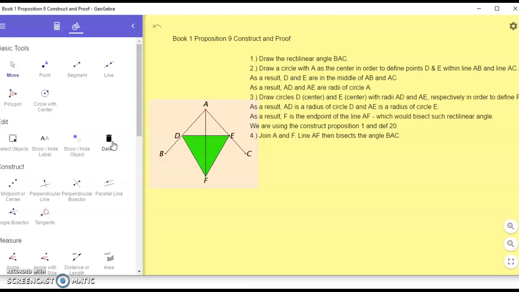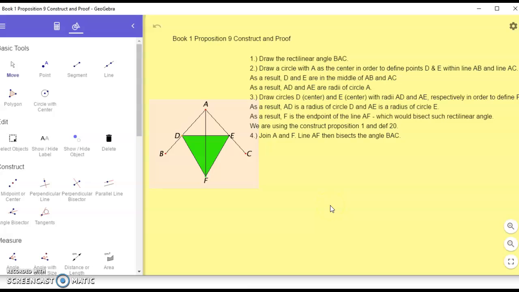So let's now construct a figure. Everyone, this is our end state for the construct, our endpoint for these steps.